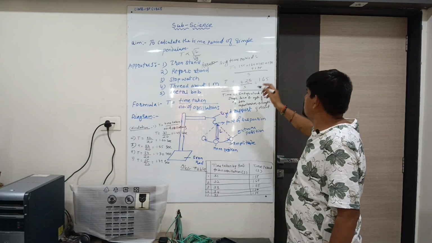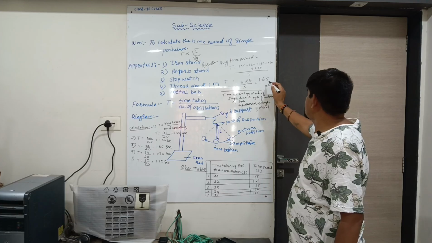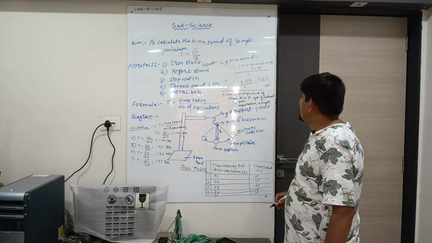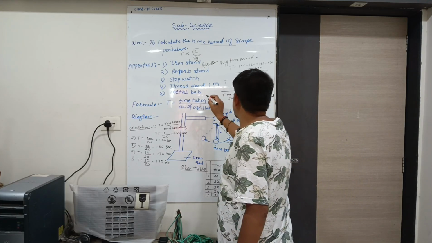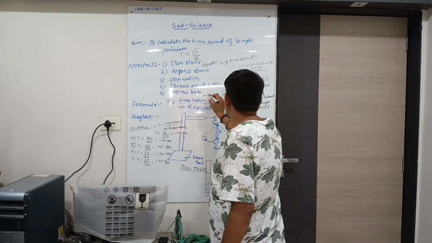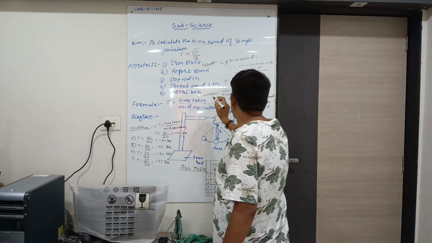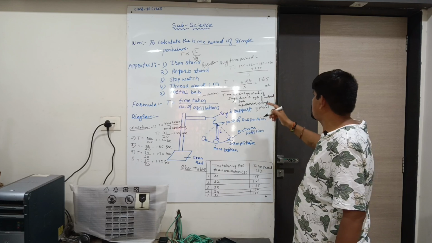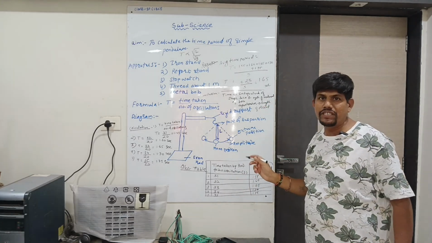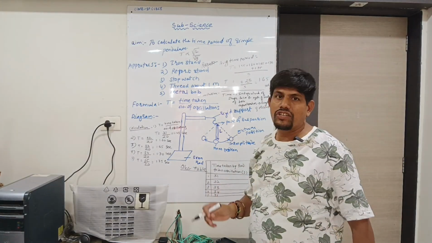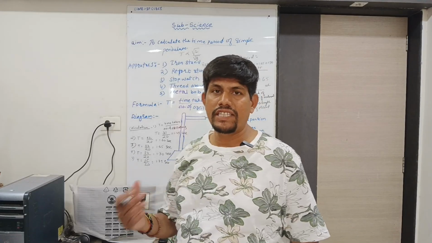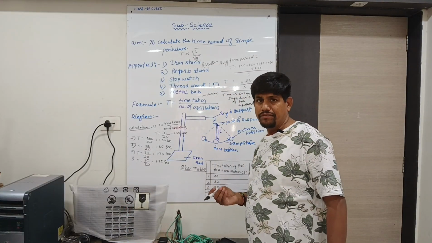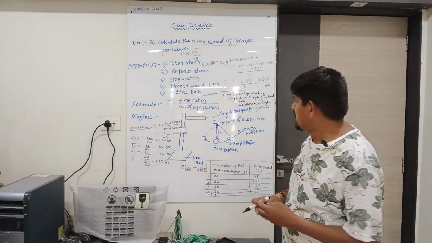The average time period of the simple pendulum is 1.65 seconds. And what conclusion are we getting? The time period is independent of shape, size and type of material of the bob, and it depends only on the length of the string or the thread we are using for the simple pendulum.